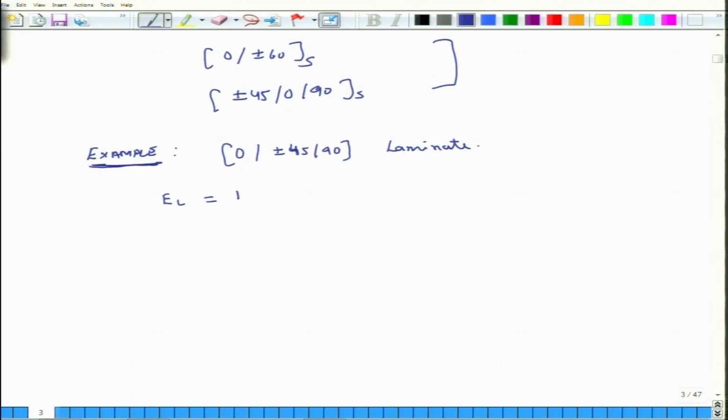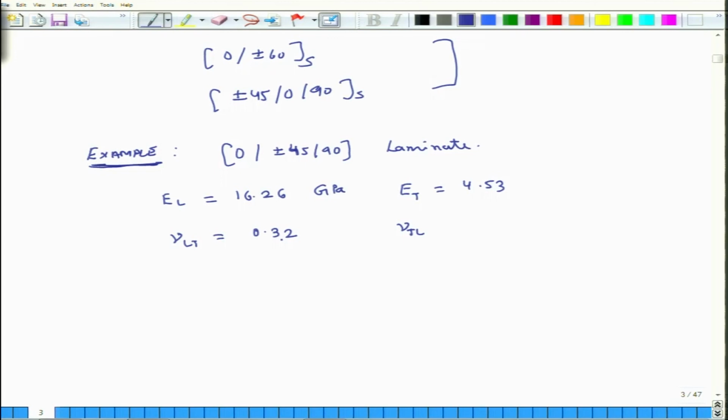EL is 16.26 GPa for one of these layers. ET is equal to 4.53 GPa, nu LT equals 0.32, and nu TL we can calculate from nu LT.